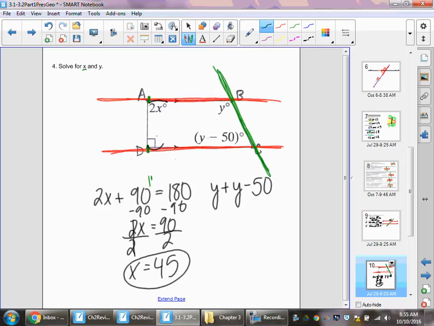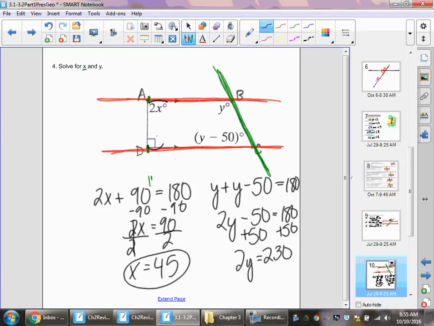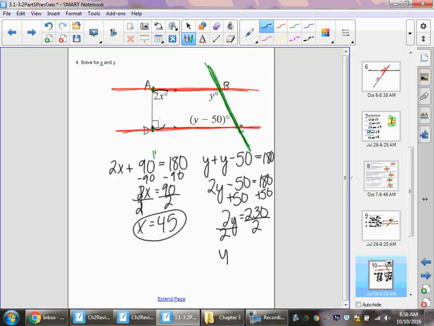I'm going to take y plus y minus 50 and set it equal to 180 degrees. I'm going to combine like terms, add 50 to both sides, and divide. So my y is 115.